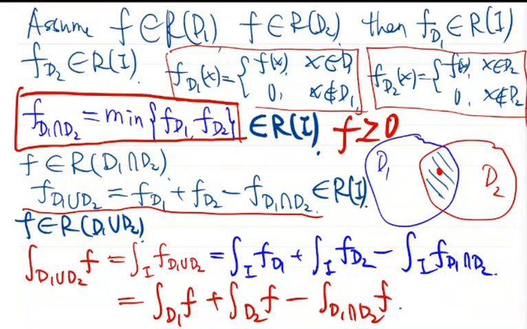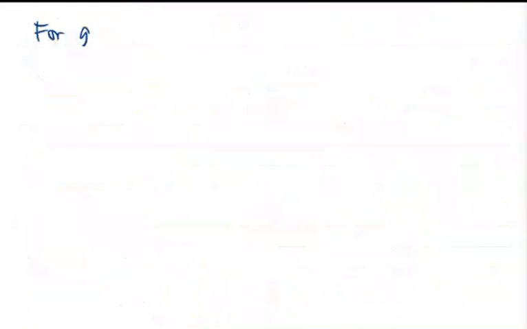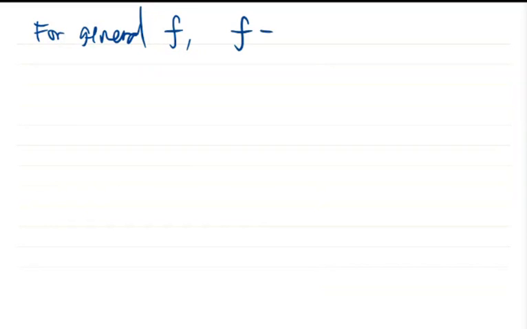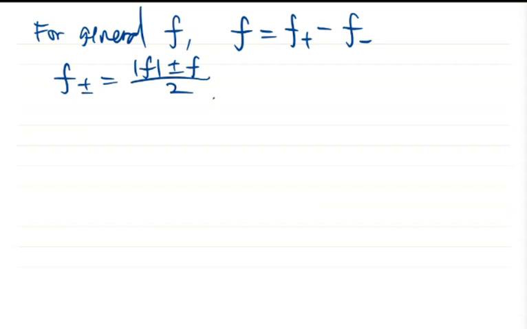So for general f, that is f is neither non-negative nor non-positive, we can always write f as the positive part minus the negative part. Here, f plus and f minus are defined in terms of the absolute value of f. We discussed this previously.